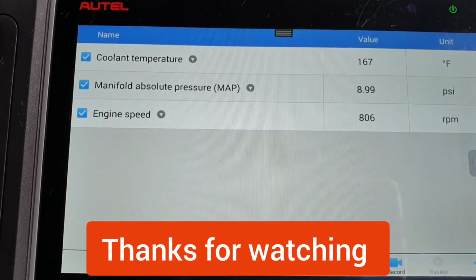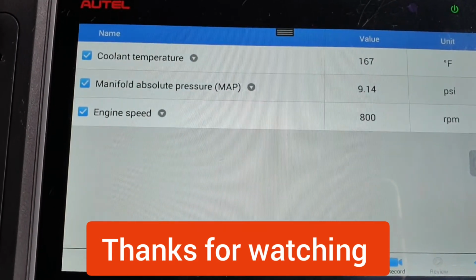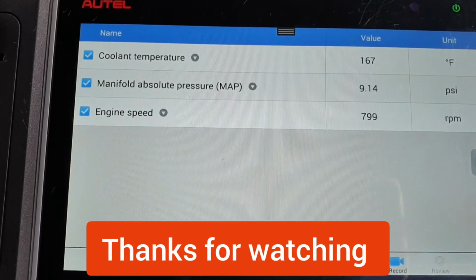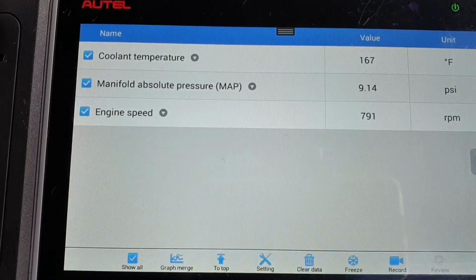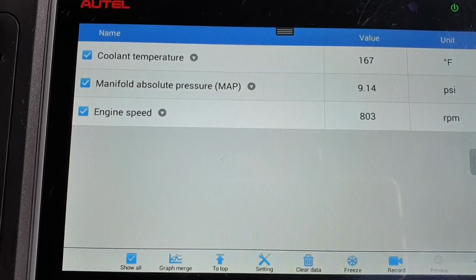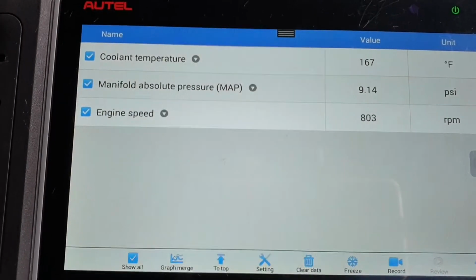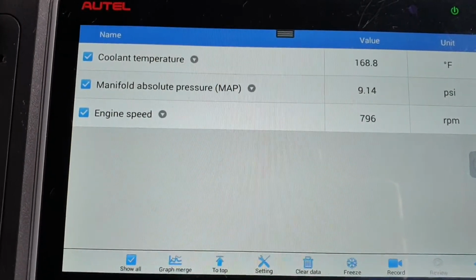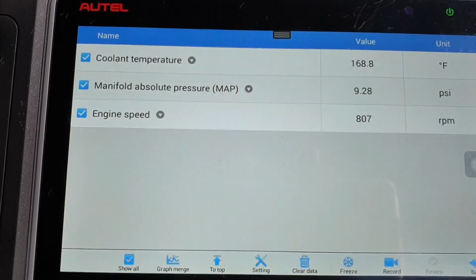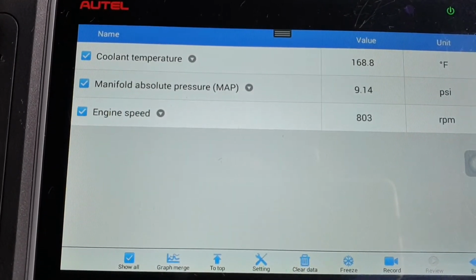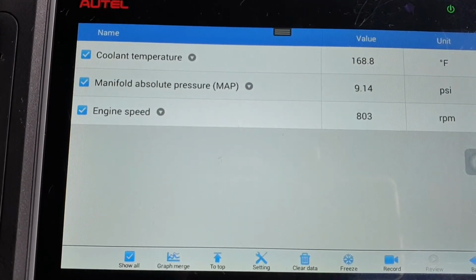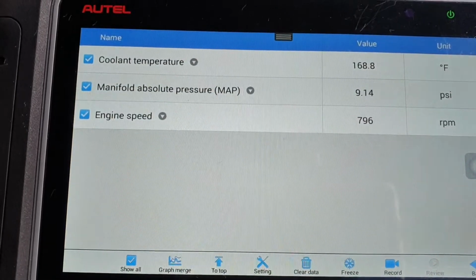Okay. As you saw, the manifold absolute pressure is 9.14 psi. Now I'm going to take the manifold absolute pressure sensor signal value.